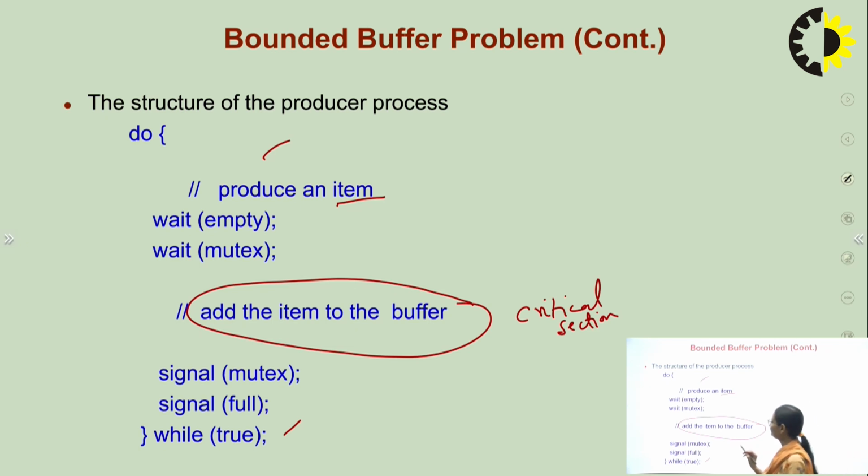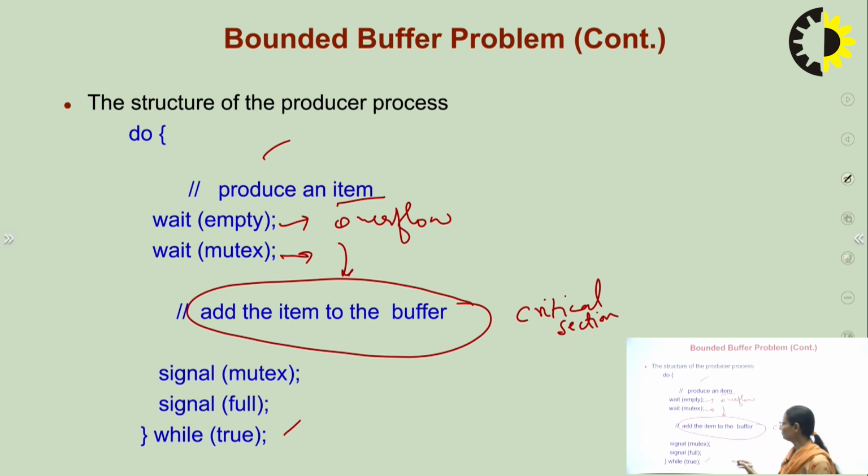Here we are checking for the overflow condition, and this is used so that only one process should be active in the critical section, that is the entry section.